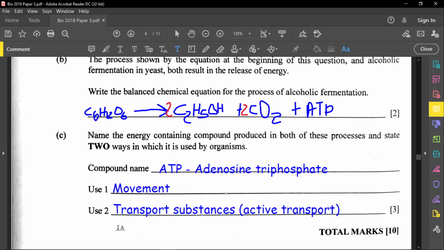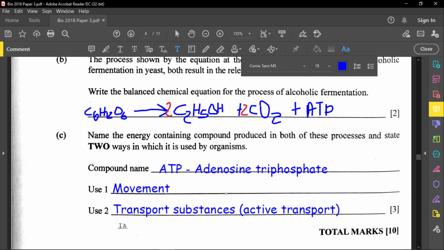Another way you could use this is to aid chemical reactions, because all chemical reactions require energy. However, some absorb the energy, some release the energy.